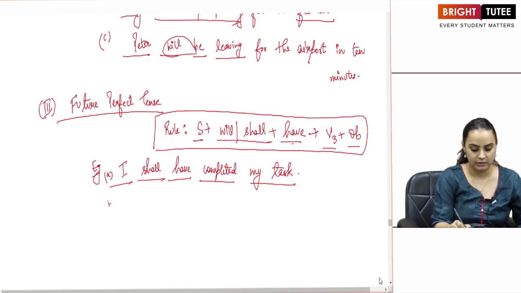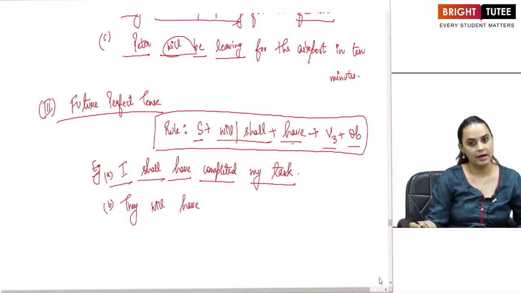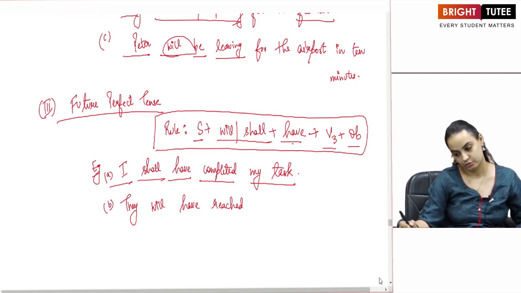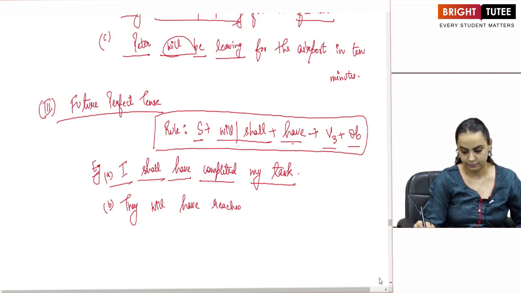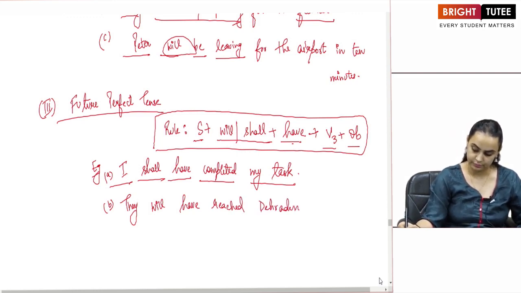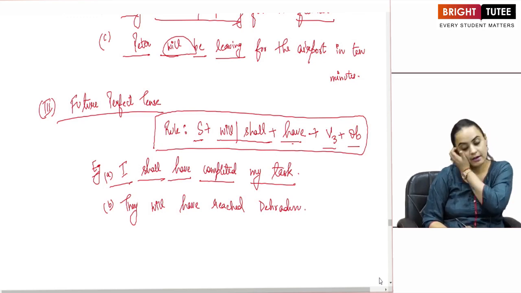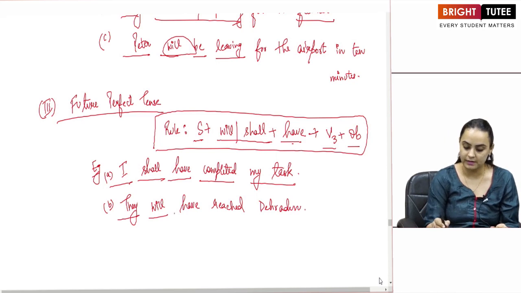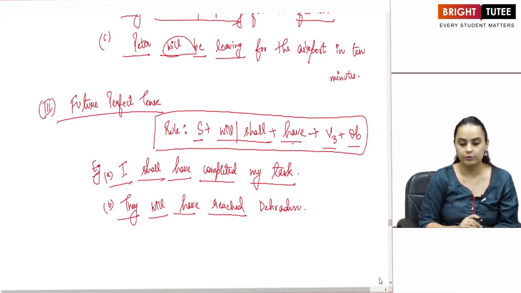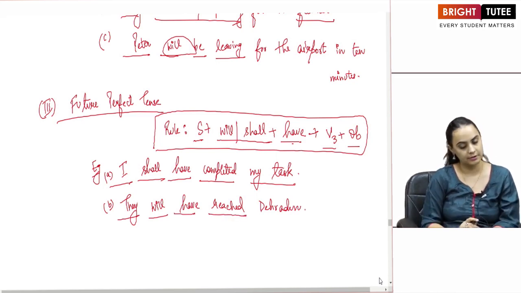If I give you another example, they will have reached Dehradun. So with they, we use will, so will plus have, third form of the verb which is reached, Dehradun.